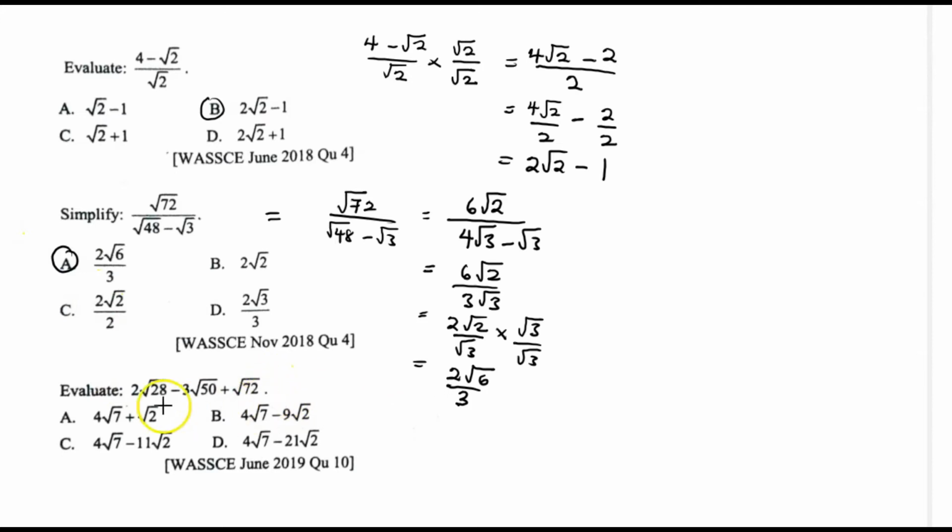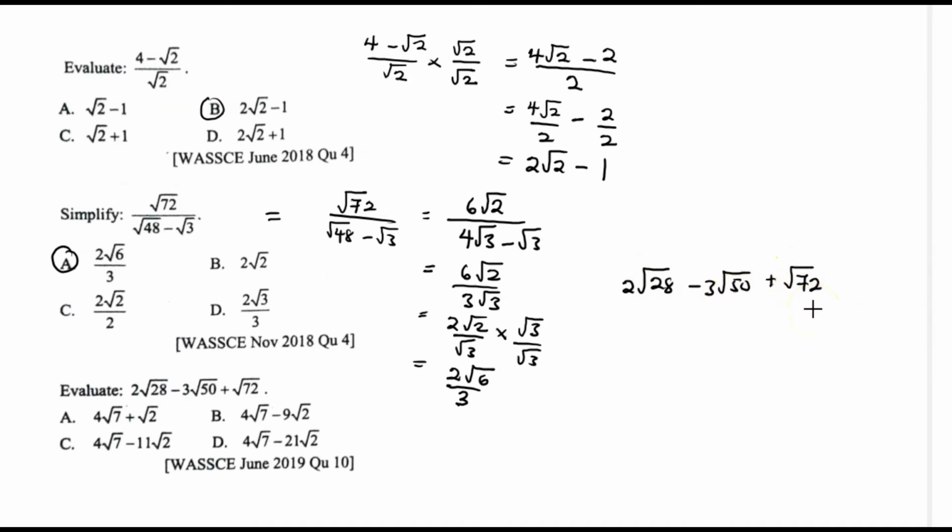Now to the next question, we are to evaluate 2 root of 28 minus 3 root of 50 plus root of 72. So having the question as 2 root 28 minus 3 root of 50 plus root of 72, we need to simplify root of 28, root of 50, as well as root of 72.